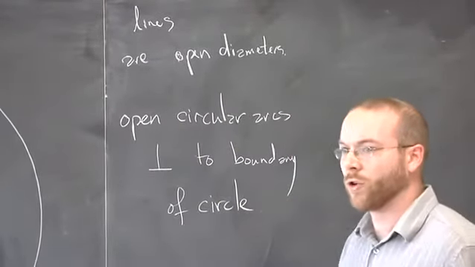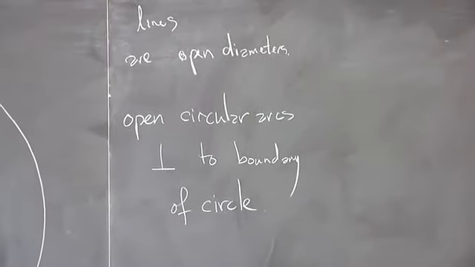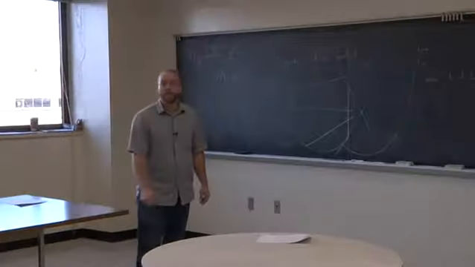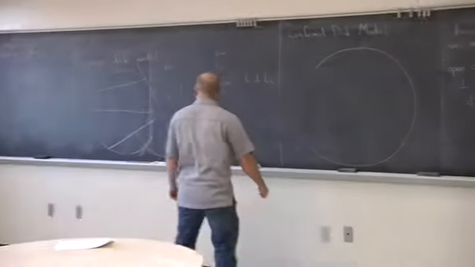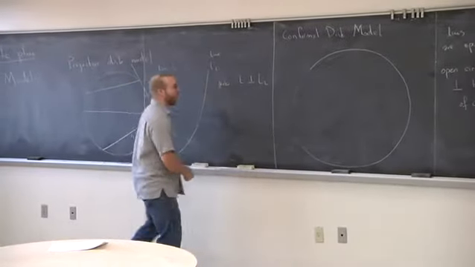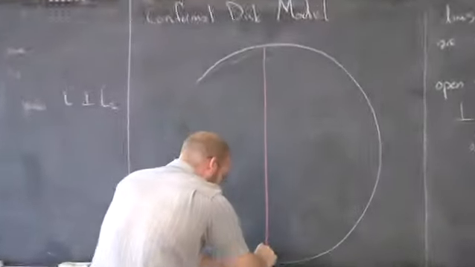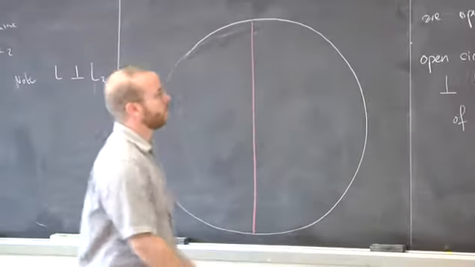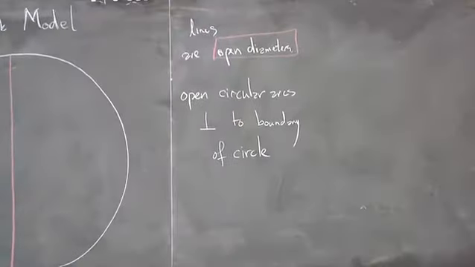Okay. So remember, in both of these models, we think of the boundary of the circle as points at infinity, right? So what we're going to do is draw open chords. So just a straight line, for example. So open diameters, right? And then we're going to draw.